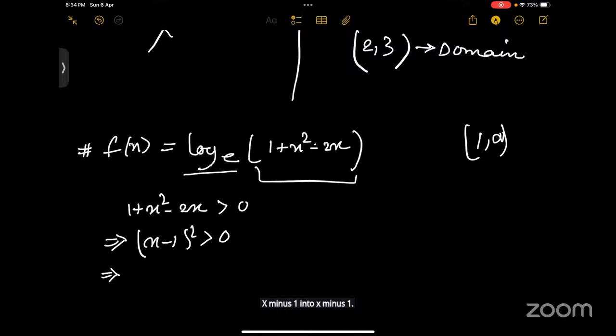So this will be obviously greater than 0, right? So what should be the domain? 1 to infinity. What if I take minus infinity to minus 1 also?